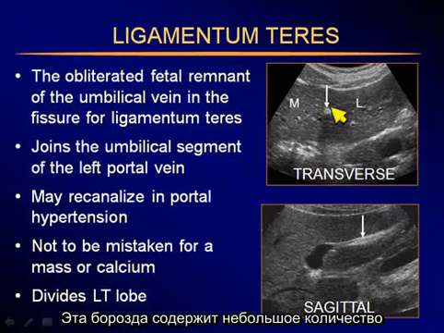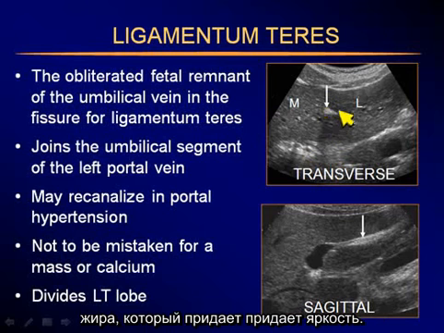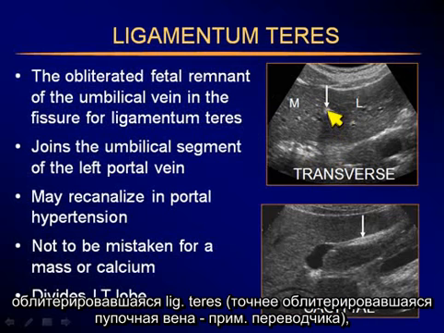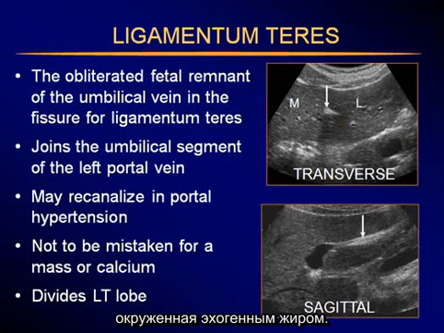So the fissure has a little fat in it. That's what gives us bright reflectivity. So somewhere in here is the collapsed, obliterated Ligamentum Teres, surrounded by echogenic fat.